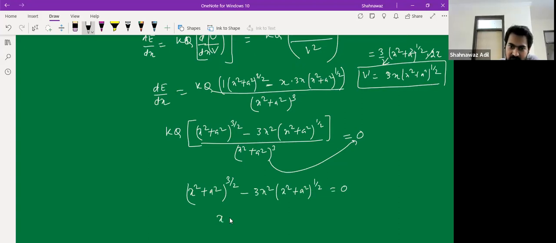So this would be x square plus a square to the power half common, and this would be x square plus a square minus 3x square.